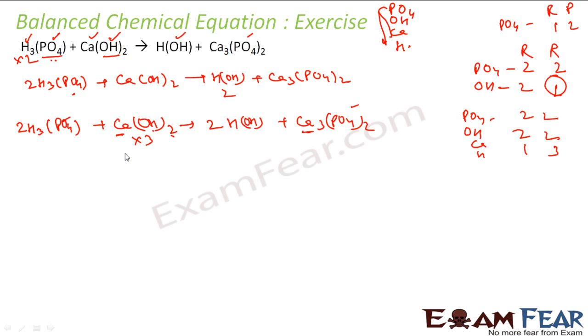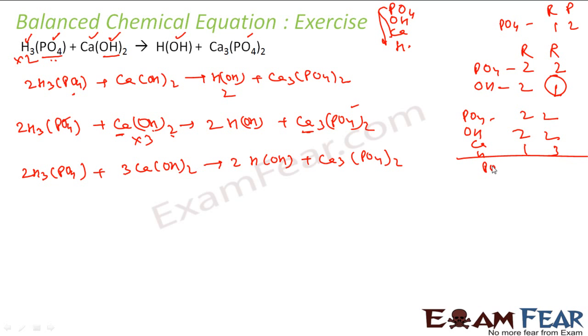So we'll multiply this guy with 3. Correct, because it's not balanced. So what you get is 2H3PO4 plus 3CaOH2 gives 2HOH plus Ca3PO4. Let's again see the equations here.